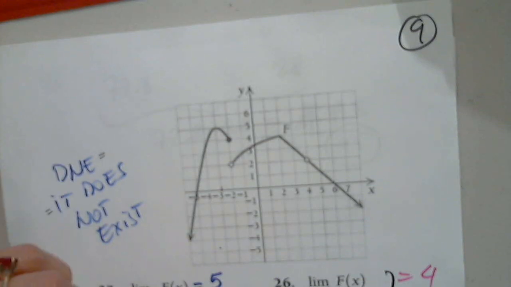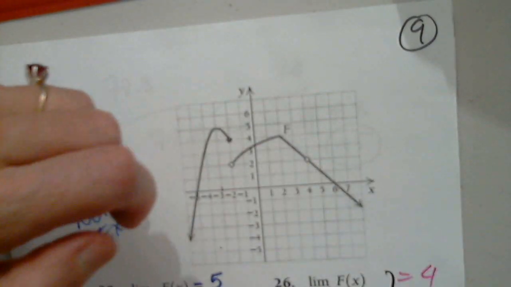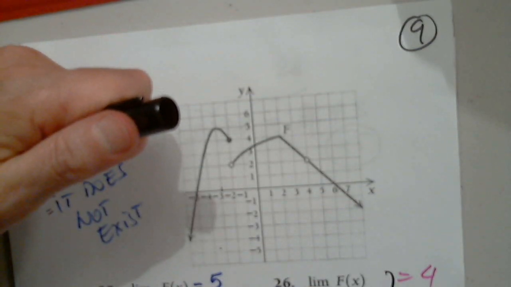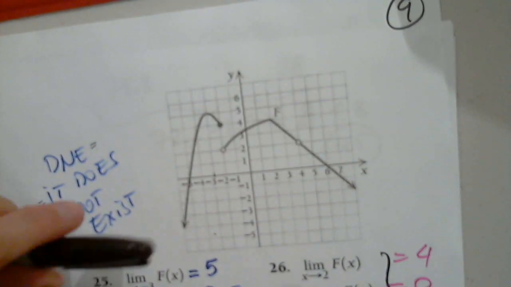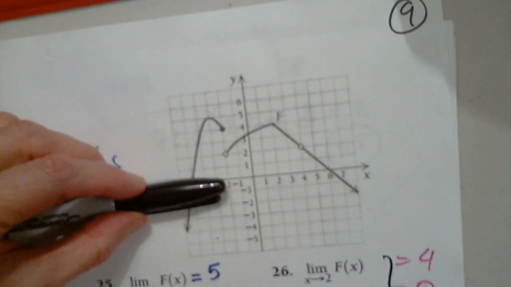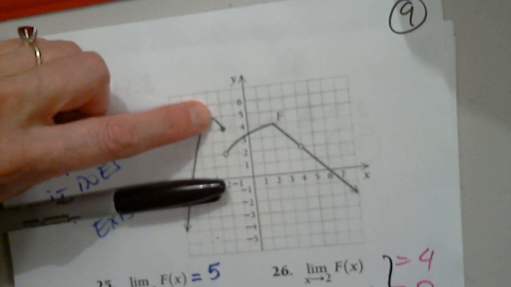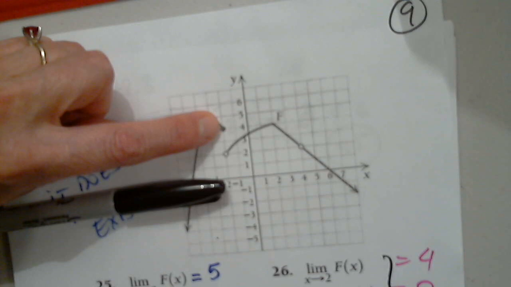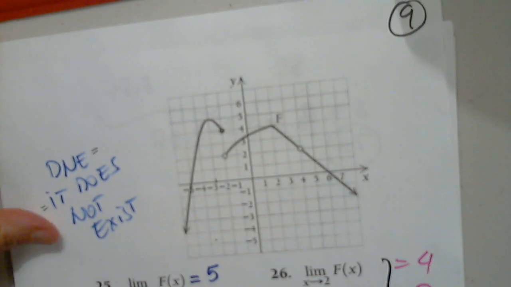X approaches 6 from either side. 0. Excellent. And last one. -2 from the left. Thank you. Any questions on this problem? Anyone? Any questions on this problem?